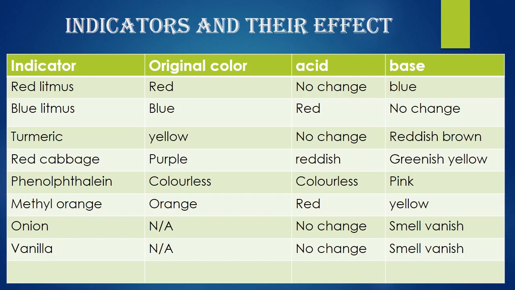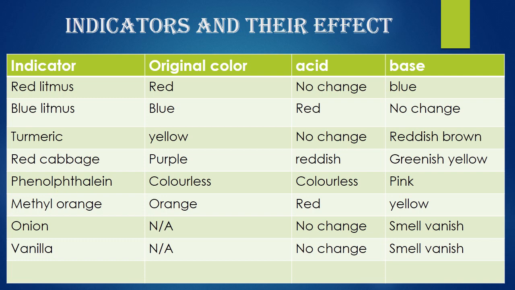Now here are certain indicators and their effect on acids and bases. First one, red litmus. The original color is red, and when it is added to acid there is no change, while when it is added to base it turns blue. Blue litmus, original color is blue. When added to acid it changes its color to red, and when added to base no change.